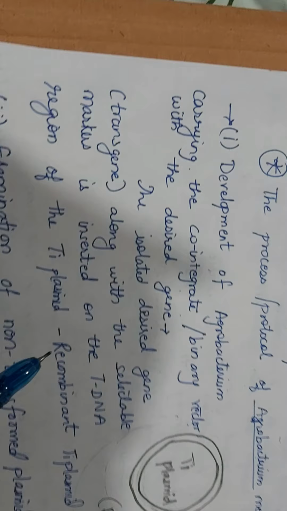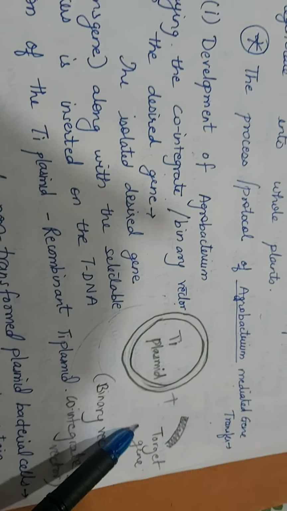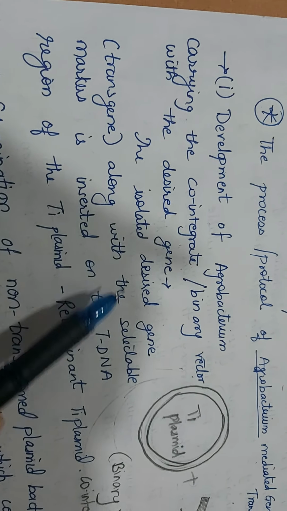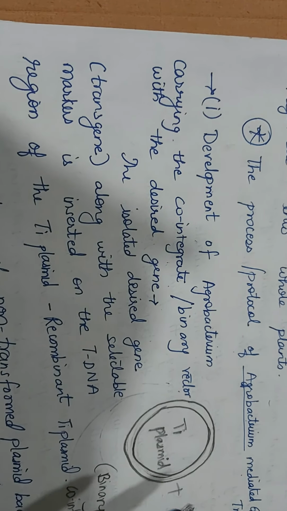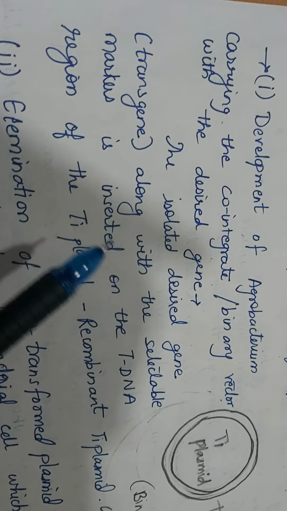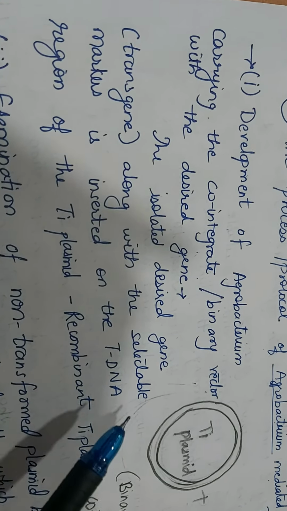The isolated desired gene, the gene of our interest, that is a transgene, along with the selectable marker, is also very important. You need to add a selectable marker to our desired gene so that we can identify the transformed cells on the selective media.